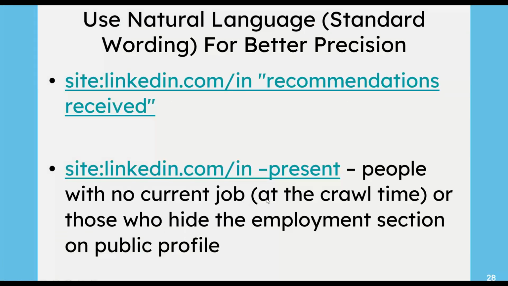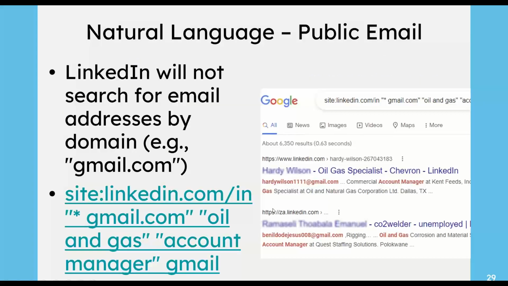Here's a no current job search: "not present," because the word "present" appears next to the current job, length of time in role. We can do things like search for public emails by searching for the most common domains. We can also search for things like "email me at" with a little asterisk afterwards.